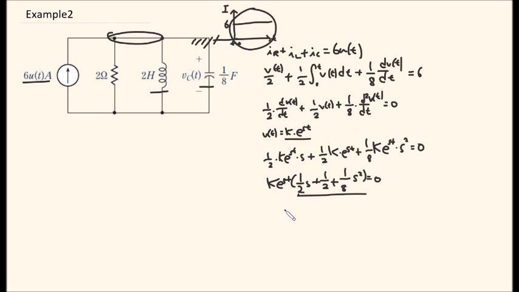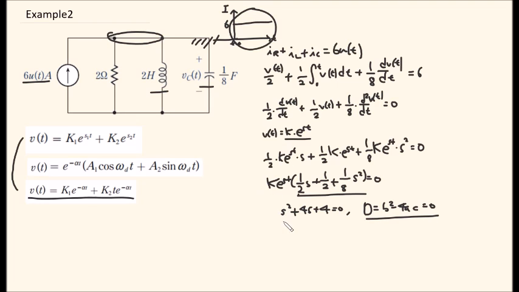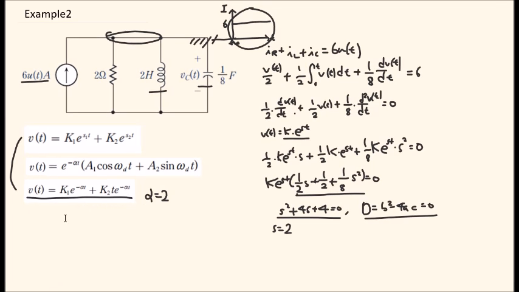And this characteristic equation is equal to this equation, and this equation has the discriminant which is equal to 0. So this equation only has one root. And since s in this case is equal to minus 2, our alpha is also equal to 2. So out of these three cases, we need to use this equation.